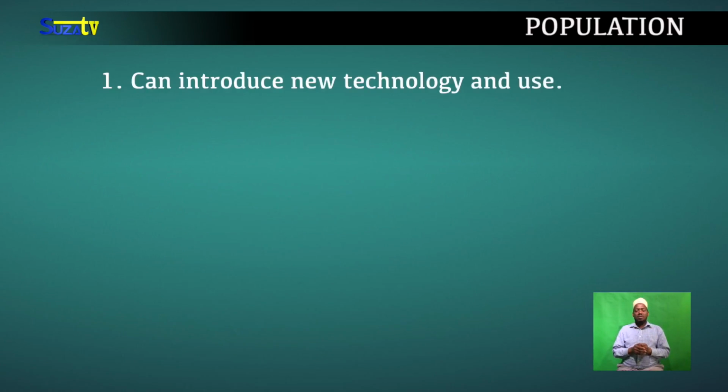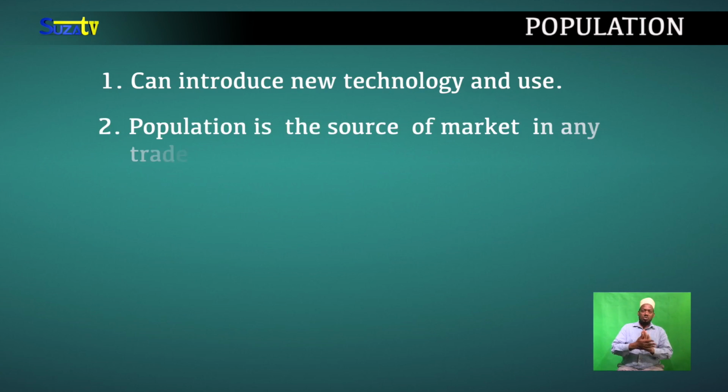Number one, it can introduce new technology and uses. All technology on the earth's surface was introduced by people and they used it. It means population is a source. Another is that population is a source of market for any trade. Any trade in the world can be participated in by a group of people.